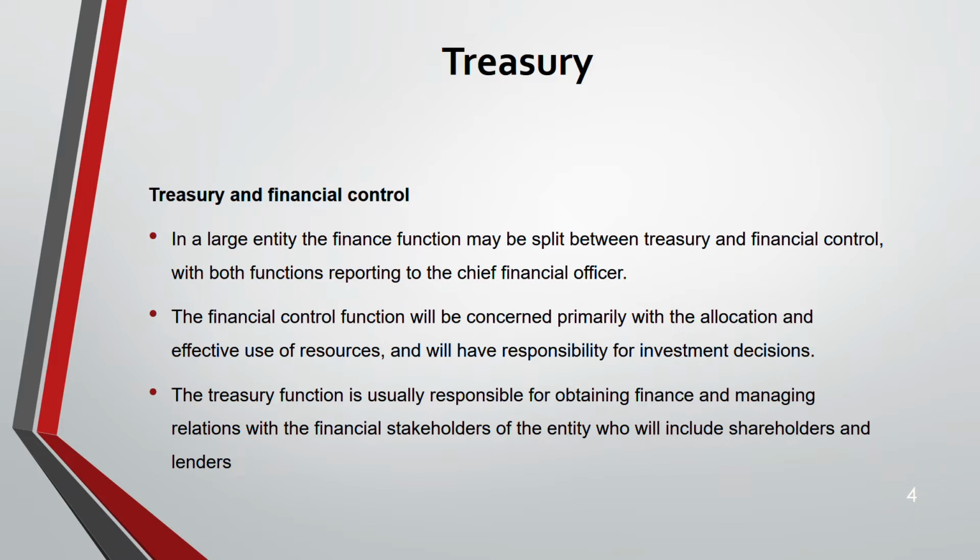The last point says the treasurer's function is to obtain finance. They should know how to obtain finance: what are the sources, from whom, at what rate? These questions will always be answered by a treasurer because it is their responsibility. They manage the financial stakeholders of the entity, and those stakeholders include shareholders and lenders. Who manages it? The treasurer.